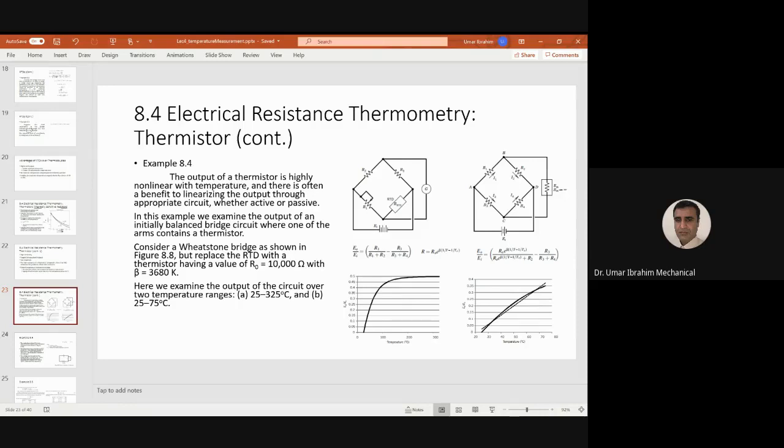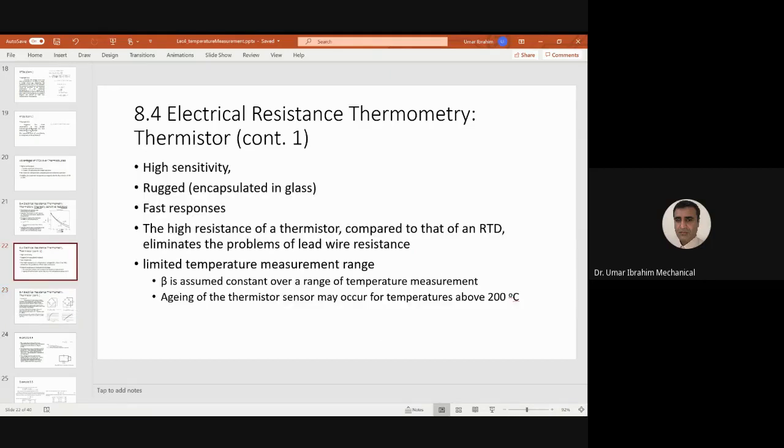That's another thing. Then, as we discussed a little while ago, because the thermistor is a semiconductor ceramic material and the RTD is made of metal, the RTD has lower sensitivity compared to the thermistor. The RTD has a slower response time compared to the thermistor, or the thermistor has a faster response time. Since the thermistor has a higher reference value of resistance compared to the RTD, we can ignore the lead resistances when using it.